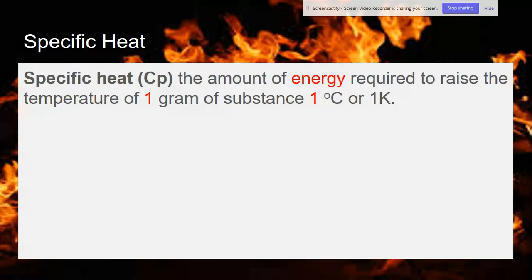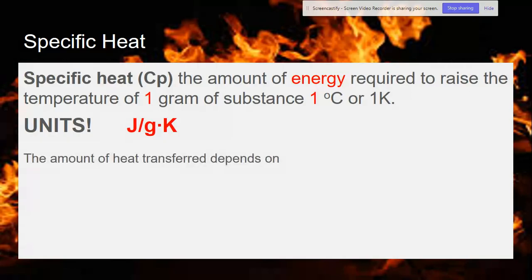All right. So the specific heat, if I ever ask you for a definition of that, is the energy required to raise the temperature of 1 gram of substance 1 degree Celsius. Hence the joules, the heat required to raise 1 gram for 1 Kelvin. So the units are joules over gram Kelvin or joules over grams degrees Celsius.